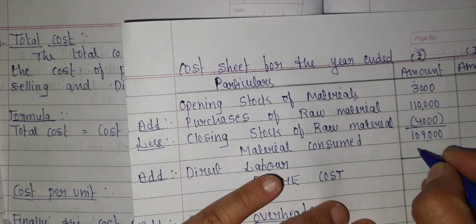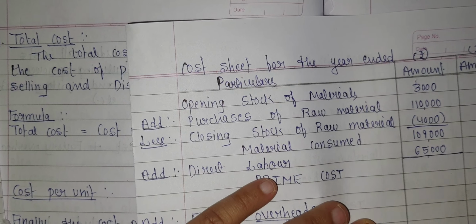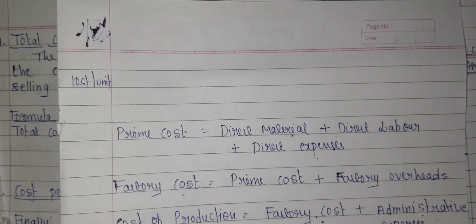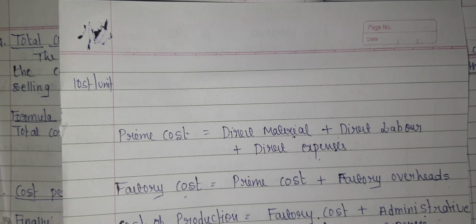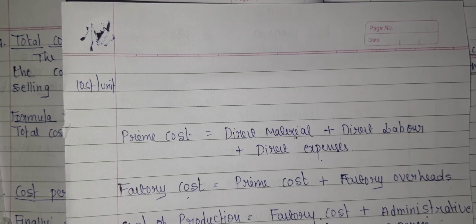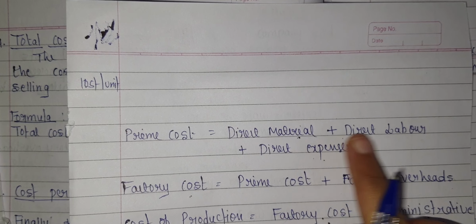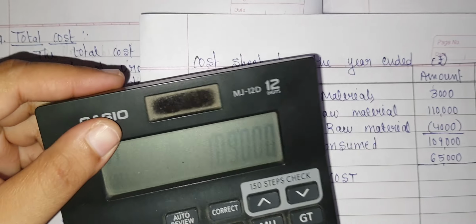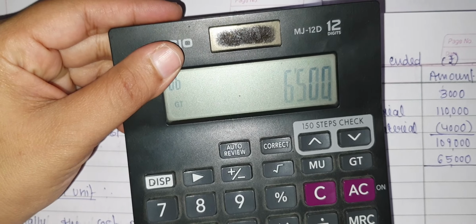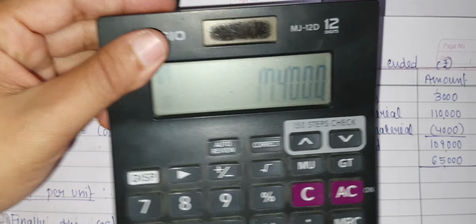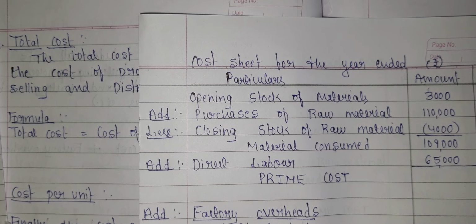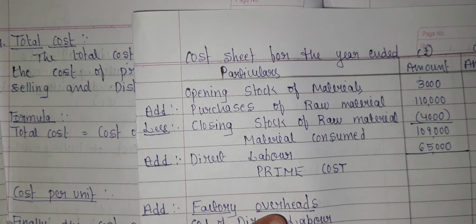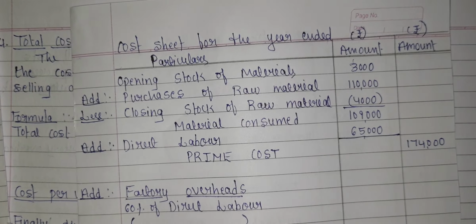Next we have to add direct expenses, but in the sum they have not given any information about direct expenses. So we just add direct materials and direct labor. Our prime cost is 1,09,000 plus 65,000, that is rupees 1,74,000. Rupees 1,74,000 is our prime cost.